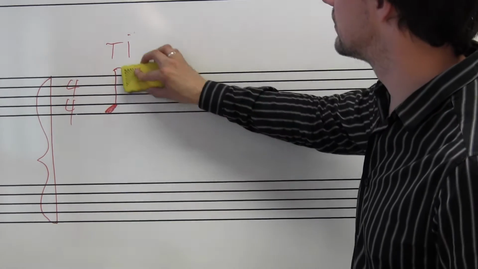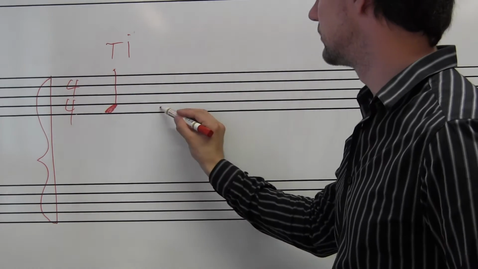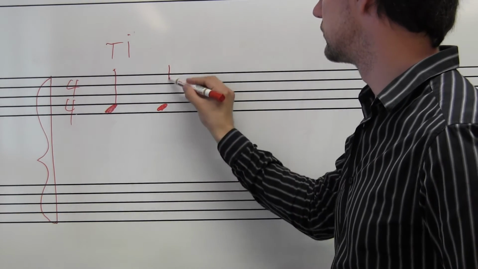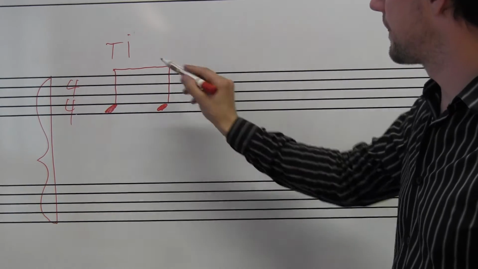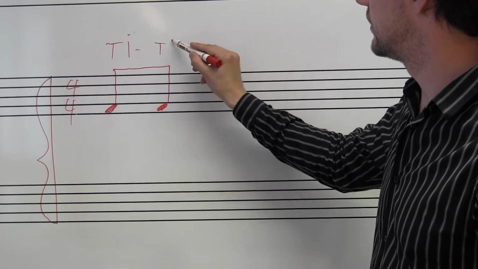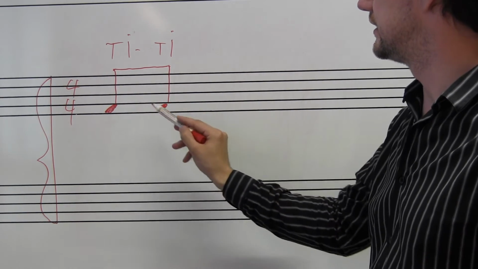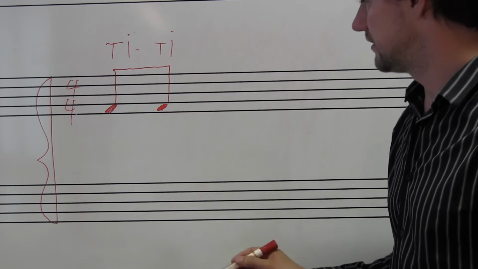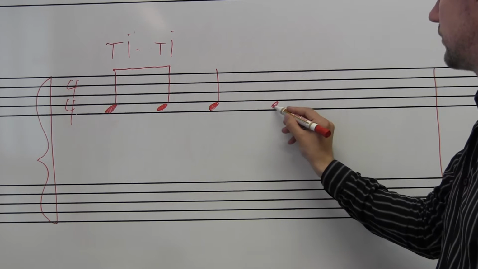And when 2 eighth notes are grouped together and connected with a beam, it means that you say ti twice. It's ti-ti, ti-ti, ti-ti, ti-ti. And now I will create a rhythm here which has both of them.